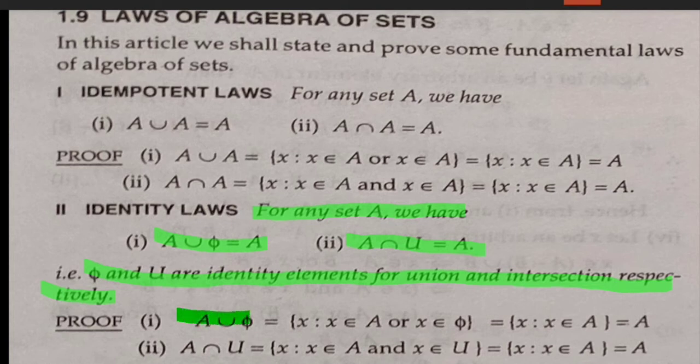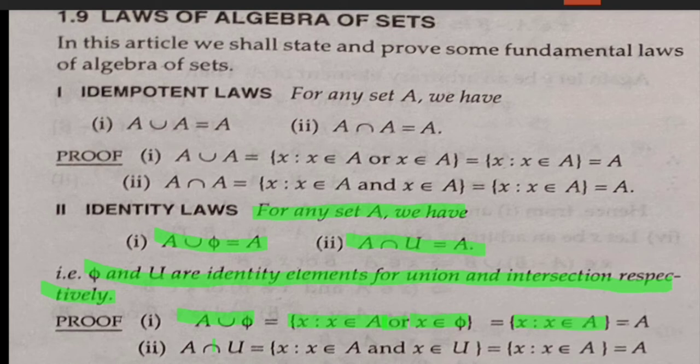Now let us consider the first one, A union phi. A is the set, and phi is the empty set. There is no element in that set. We can write it symbolically as X such that X belongs to A or X belongs to phi.